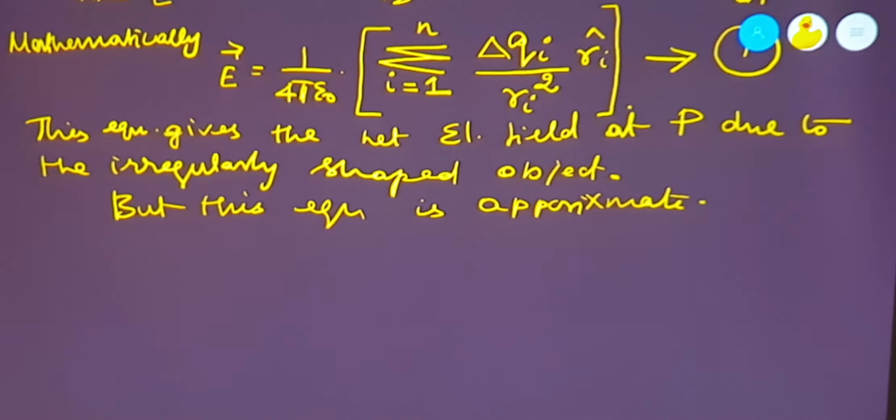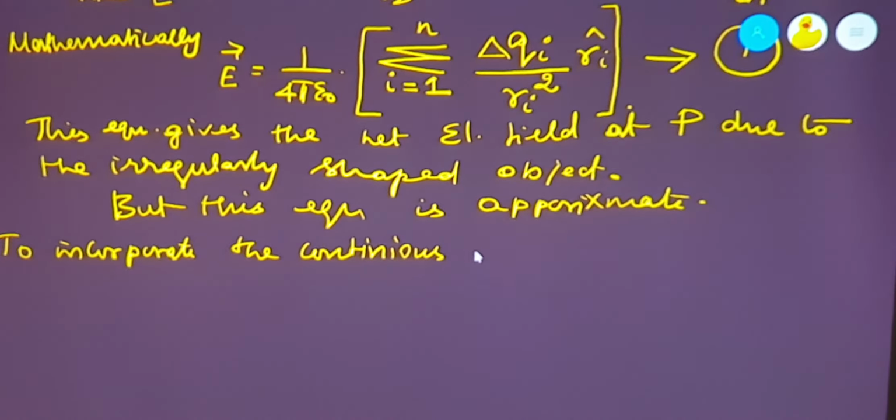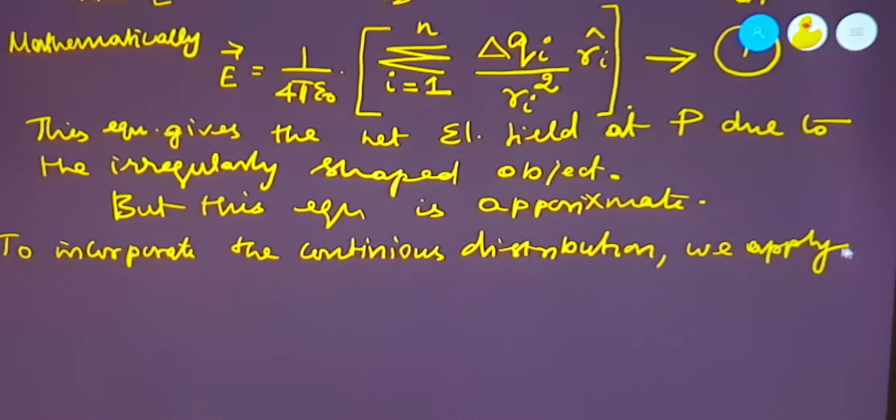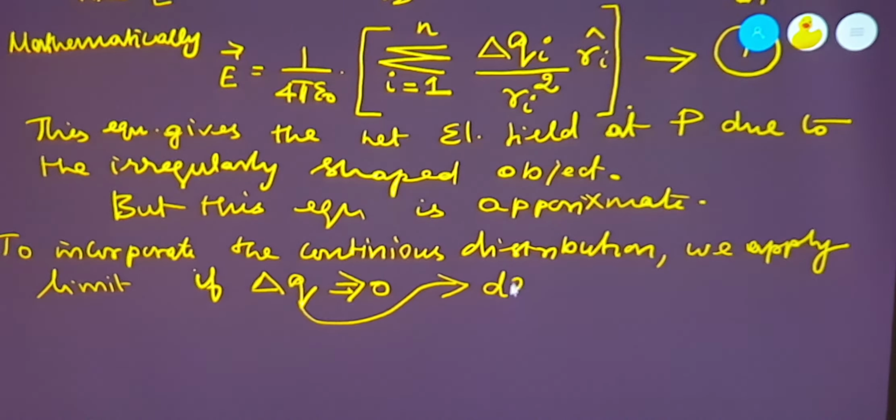So, to incorporate the continuous distribution, we apply a limit in such a way that if delta Q tends to 0, then this delta Q can be written as dq.